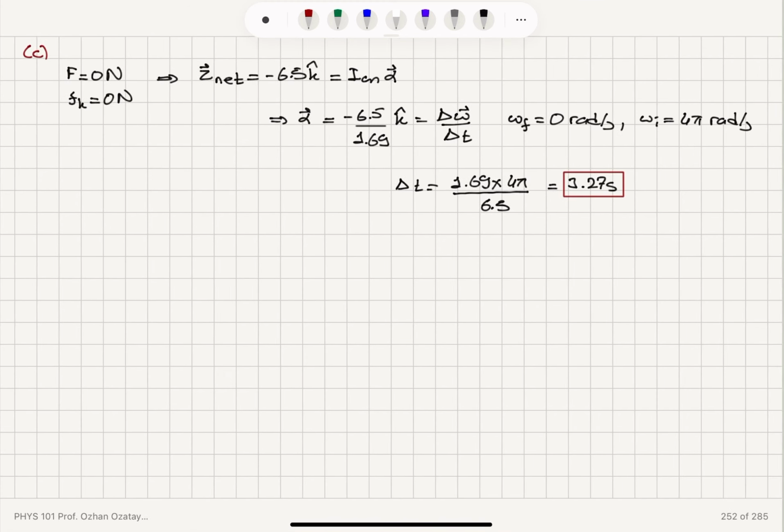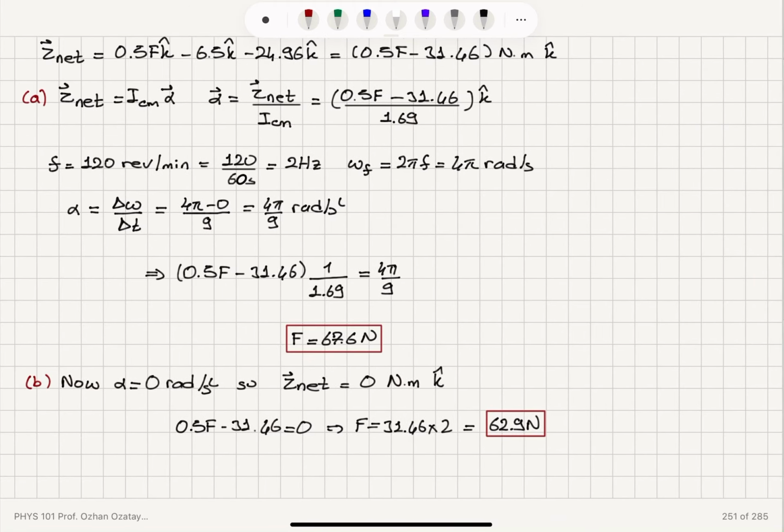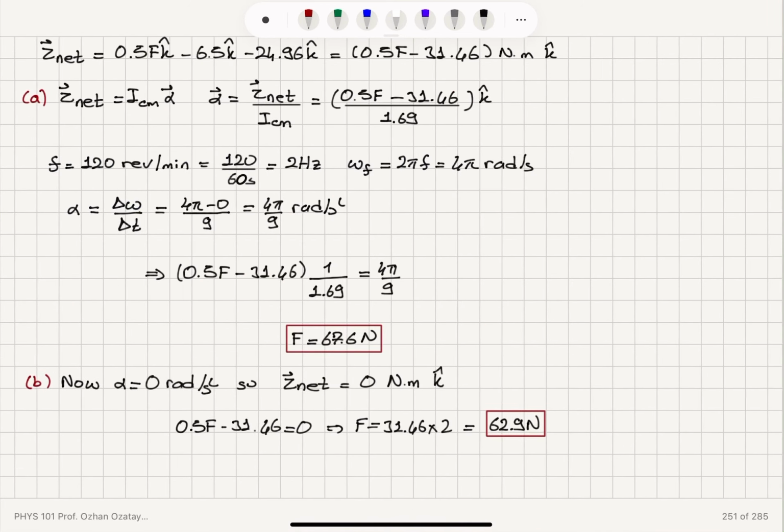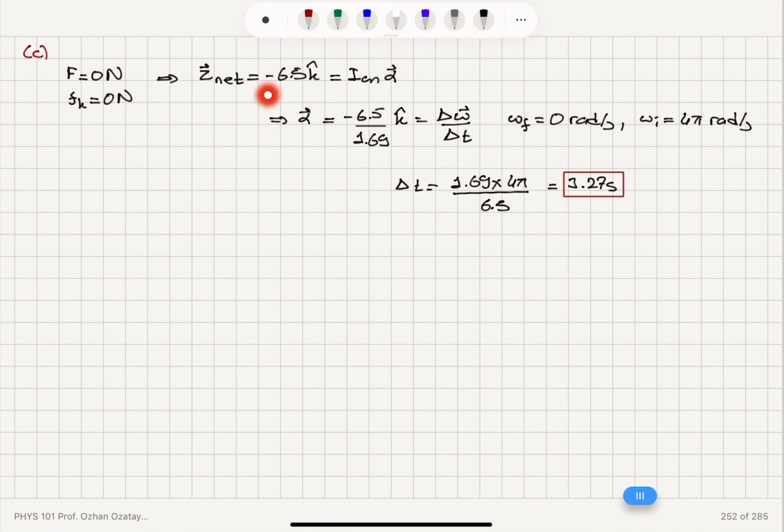And in part C, now this tangential force is 0, and also the normal force is 0, therefore kinetic friction is 0. We only have the friction between the axle and the bearings remaining. So if it's acted on by the axle friction alone, that's the only friction. And that gives us a torque of minus 6.5 k hat, in the minus k hat direction here.